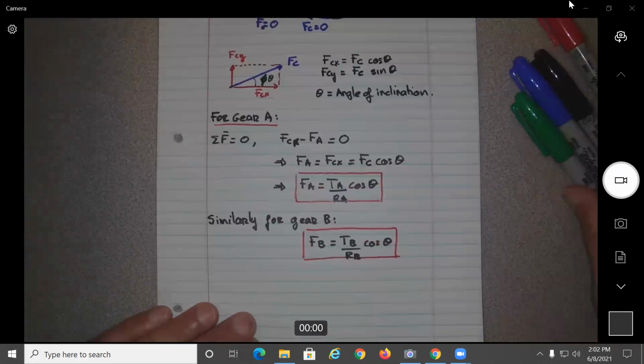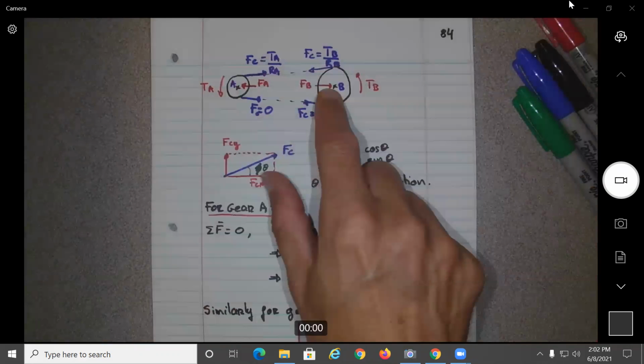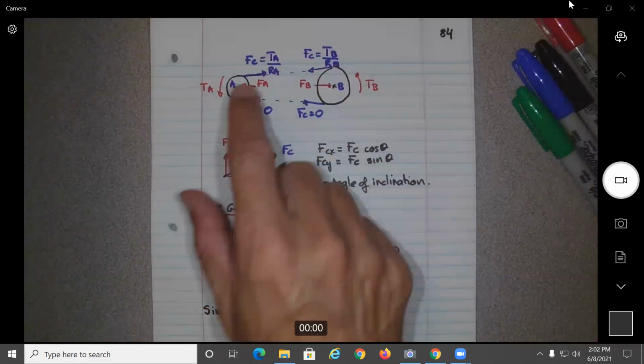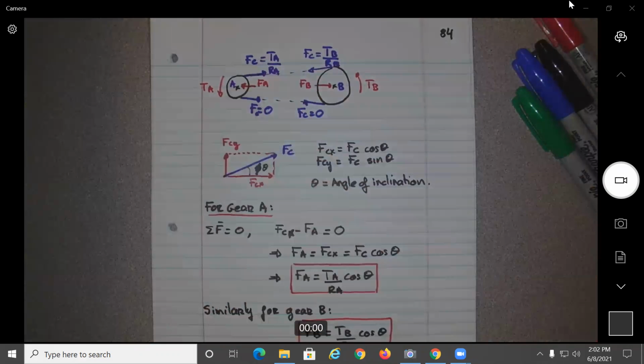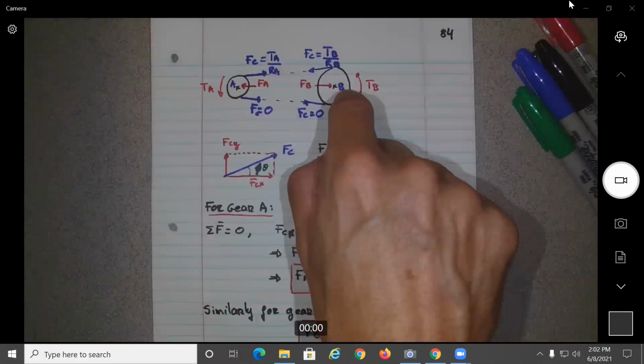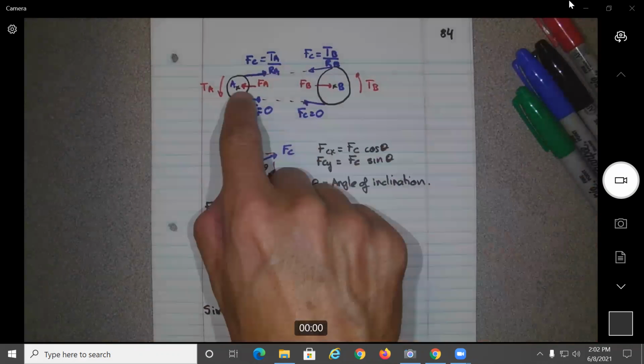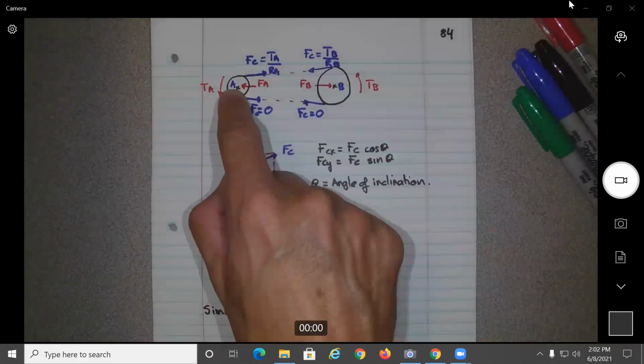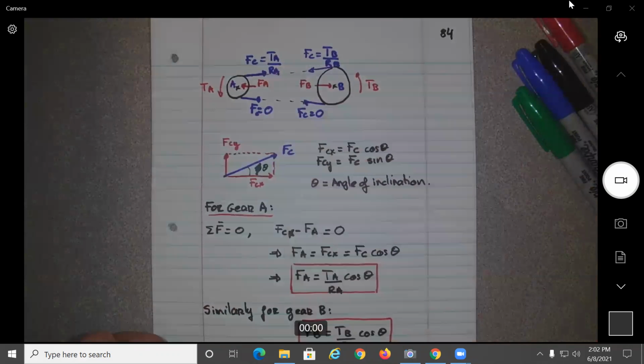So, what are F_A and F_B? What is point A? Point A, point B will be the shaft, no? Yeah, so it will be the bending force acting on the shaft in that direction, correct?